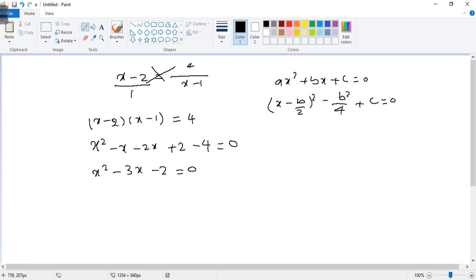So it will be x minus 3 over 2 squared, and this is minus 1.5. 3 over 2 is 1.5. We square it, it will be 2.25 over 4, and plus c, which is minus 2.